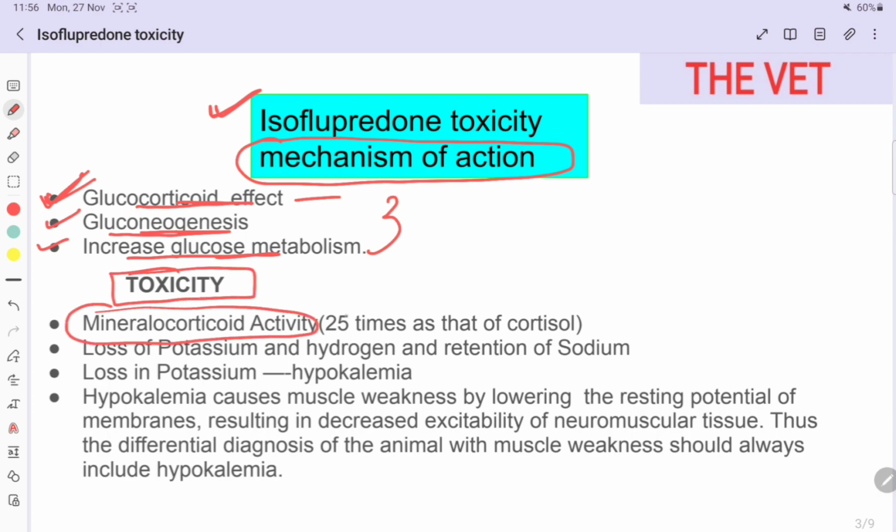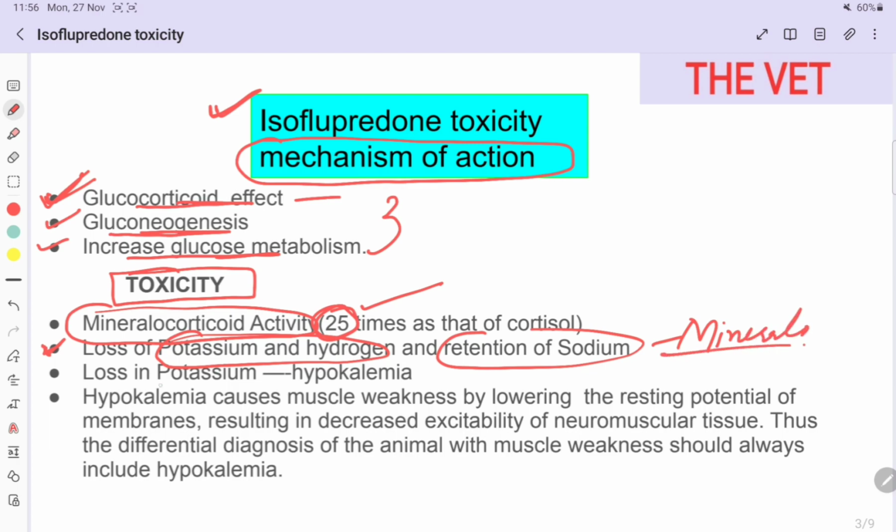It has 25 times mineralocorticoid activity than cortisol. So there is 25 times more loss of potassium than cortisol. When there is loss of potassium and hydrogen and reduction of sodium, this is mineralocorticoid action. So when there is loss of potassium, there is hypokalemia.